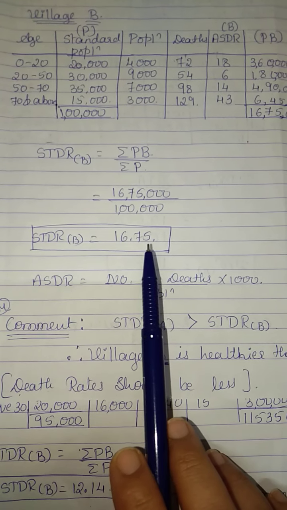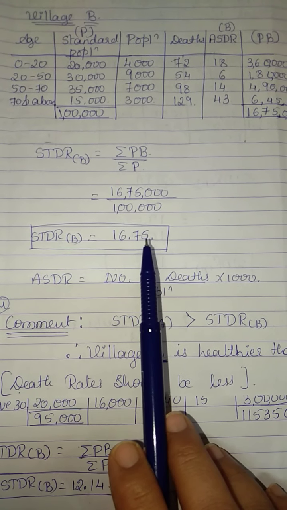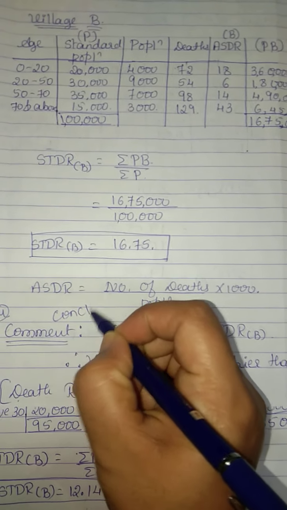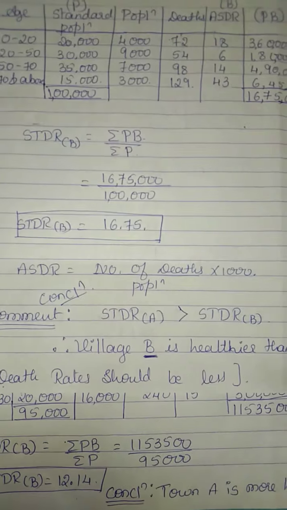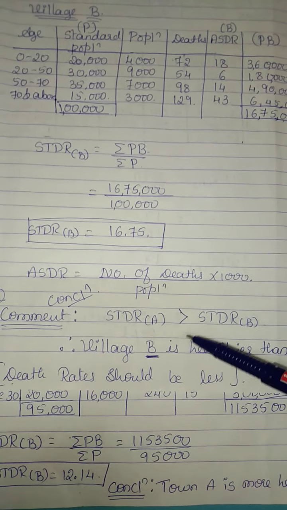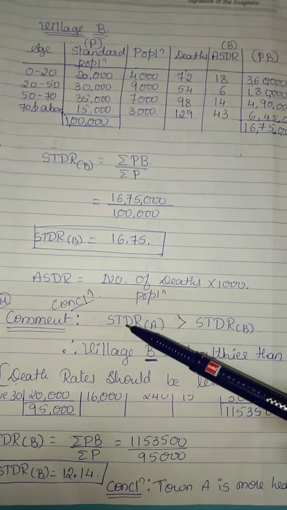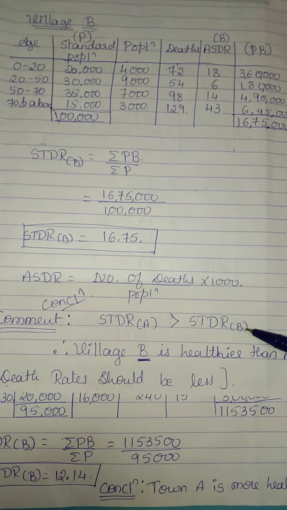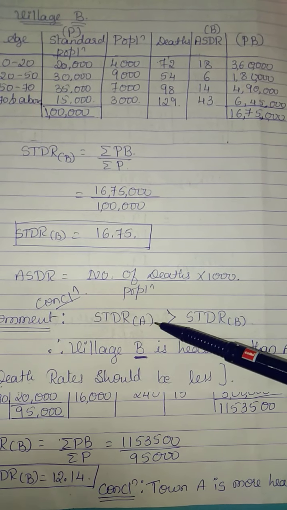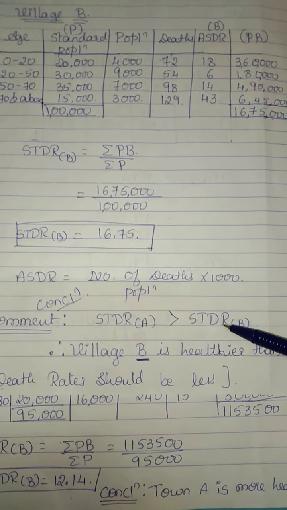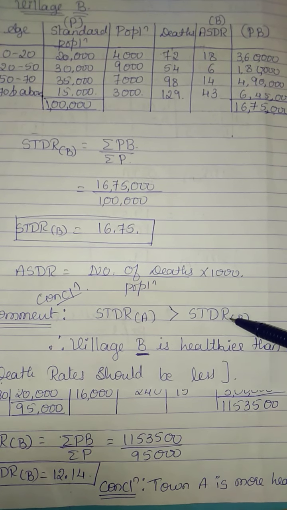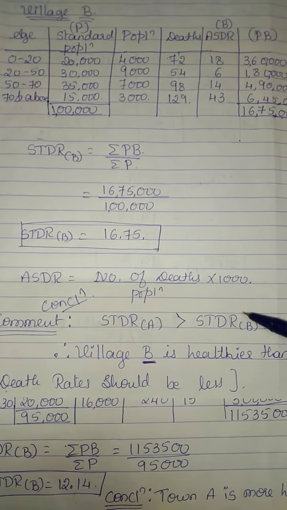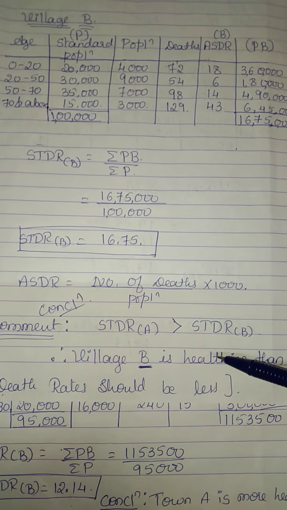After that they have asked to comment on this, or you can write a conclusion also. So what is the conclusion here? We have to compare STDR for A and STDR for B. Here STDR for A is more than B. Death rate is less in B, that is village B. If death rate is less, we can consider that village as healthier.